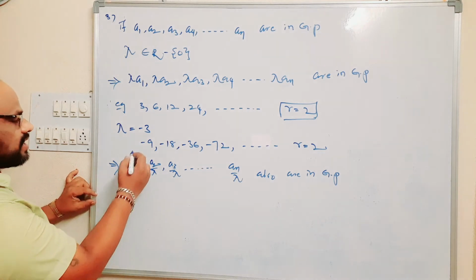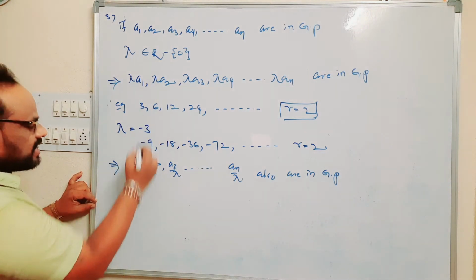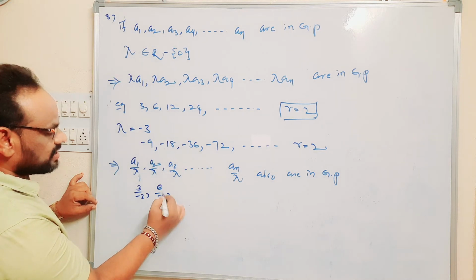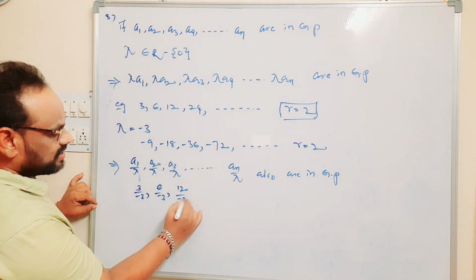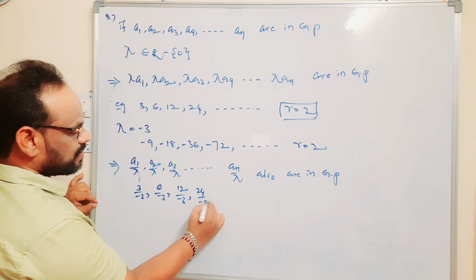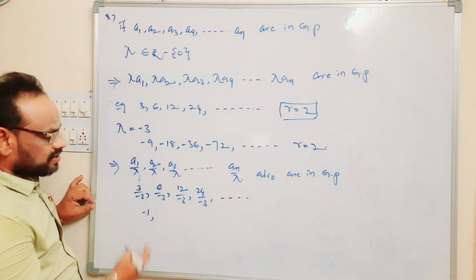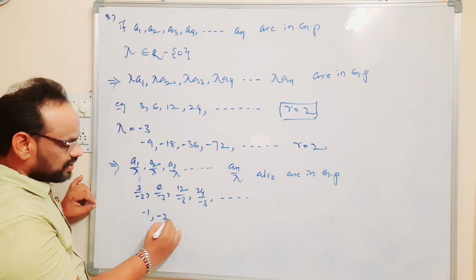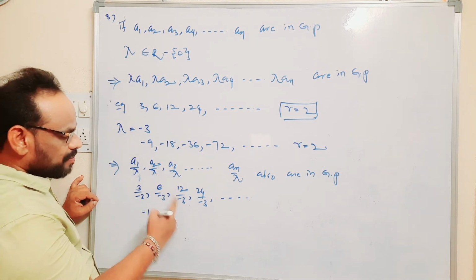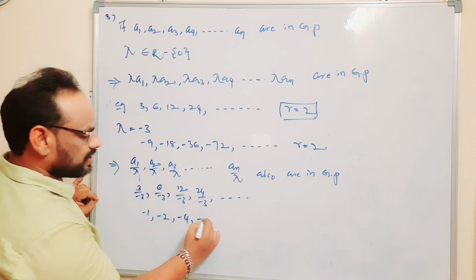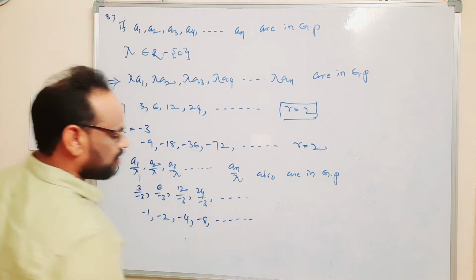Observe here, take lambda equal to minus 3: 3 by minus 3, 6 by minus 3, 12 by minus 3, 24 by minus 3, and so on. 3 by minus 3, we get minus 1. 6 by minus 3, we get minus 2. 12 by minus 3, we get minus 4. 24 by minus 3, we get minus 8, and so on.